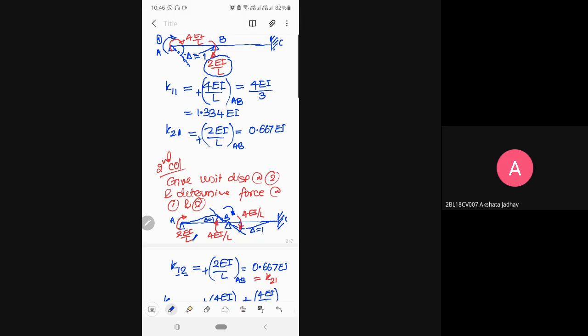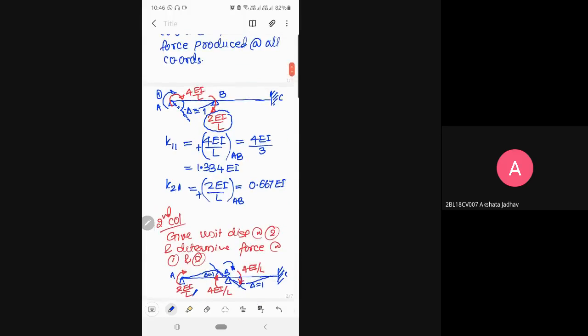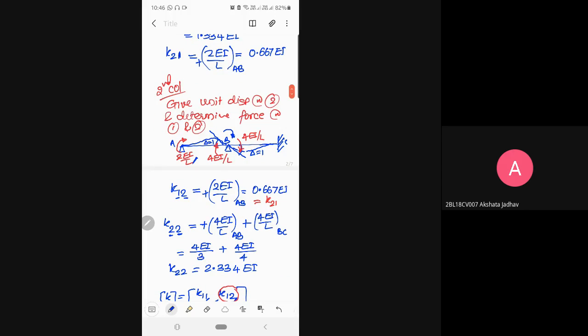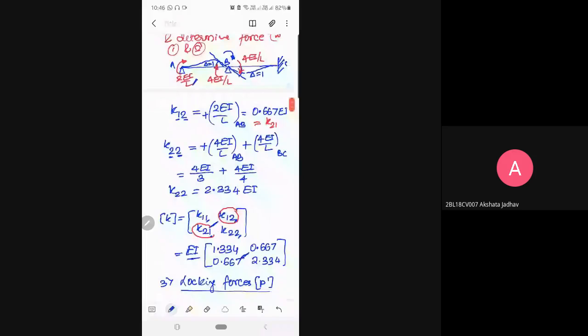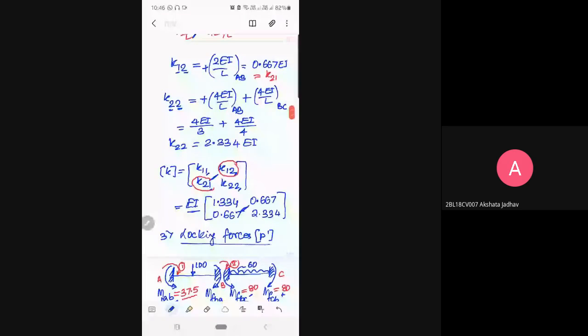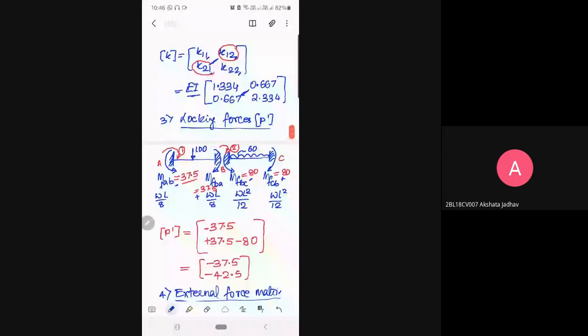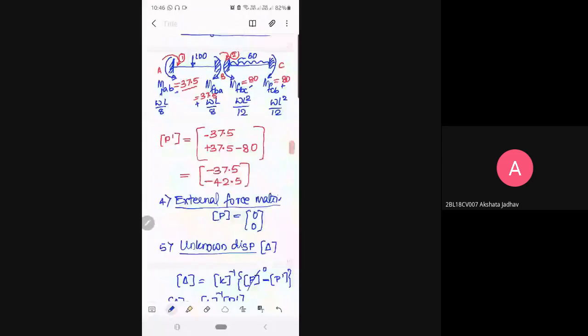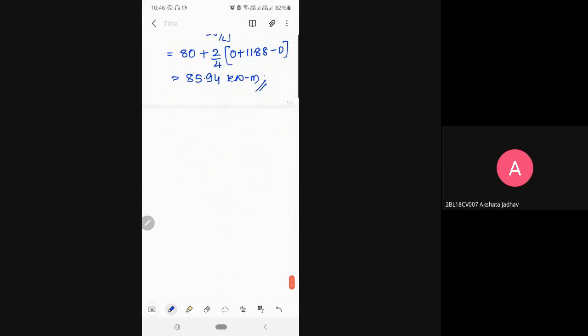You can refer to it and solve. Just solve this problem, get the answers, and if you have any doubt, you can ask me through WhatsApp. I'll also give you the question for the next problem, which I will solve in the next class. But you can try solving it so that your doubts get cleared.